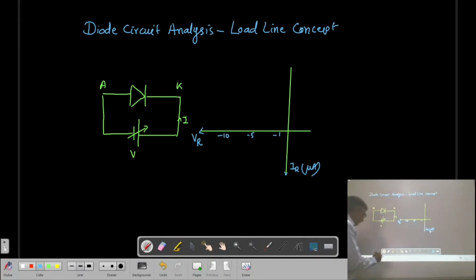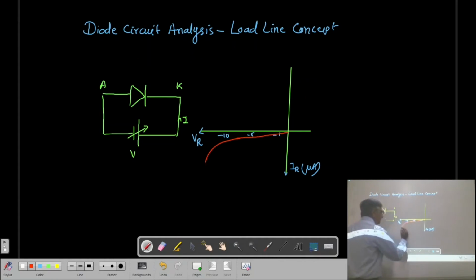Now if we apply different voltages, minus 1, minus 2, minus 5, minus 10, you will find that this current almost remains constant, and it will be a very, very small current, remember.